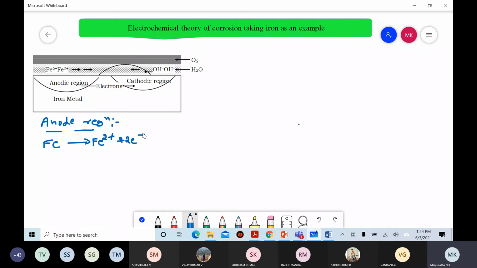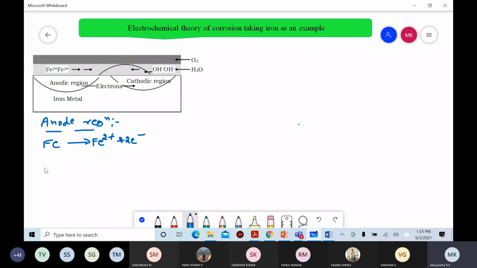This is the oxidation reaction observed at the anodic region. See here, the portion that acts as an anode, at this portion there is oxidation of iron metal. Therefore, the iron metal converts into iron ions, Fe2+ ions, with the liberation of electrons. This is the first one, the anodic reaction, the reaction observed at the anode region.